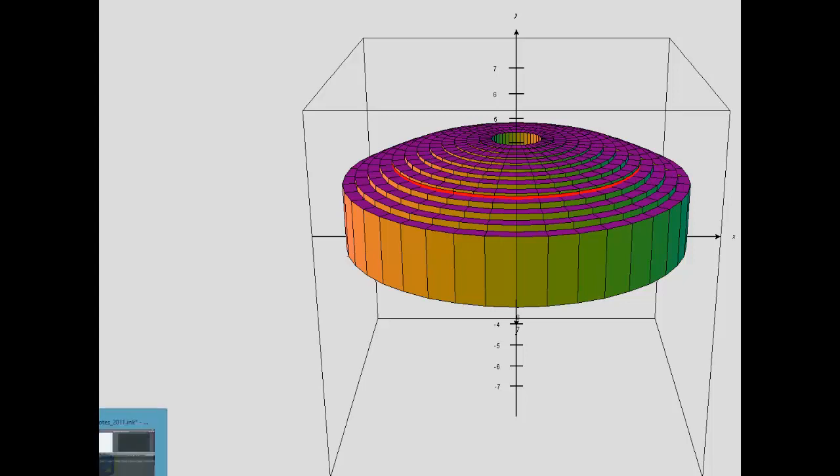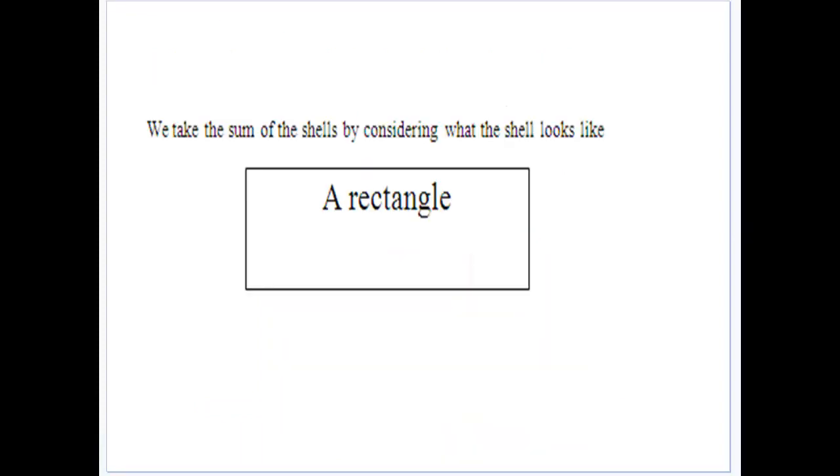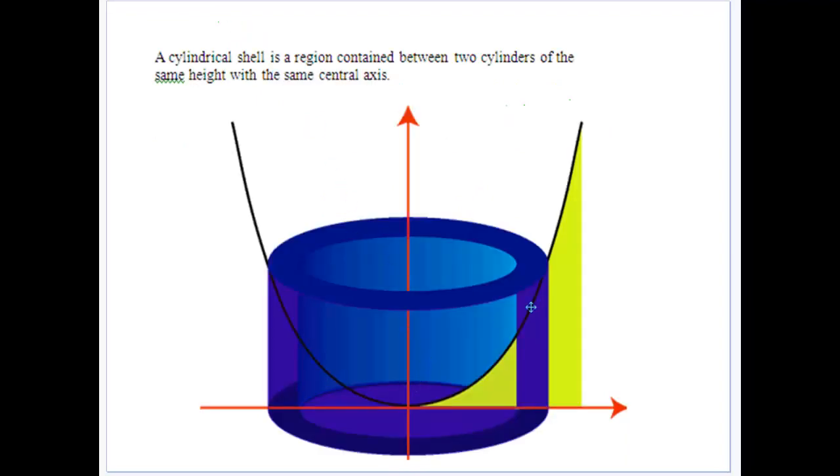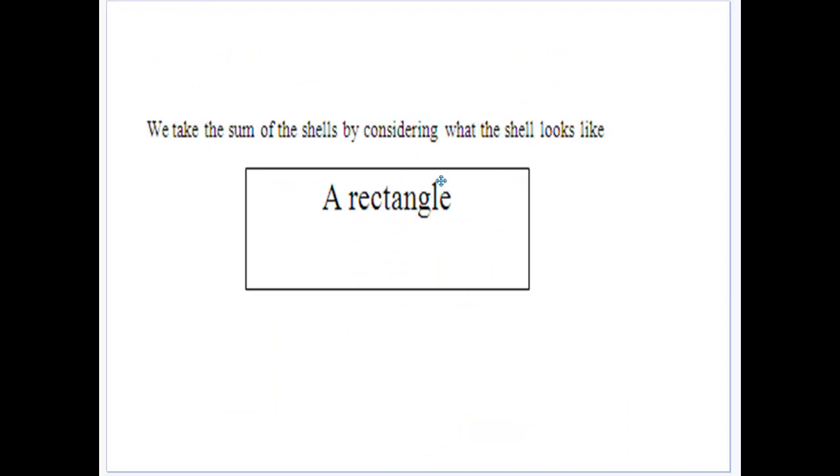So what does that rely on? When we take one of those shells, our representative one, and open it up, it looks like a rectangle with some sort of thickness on it.